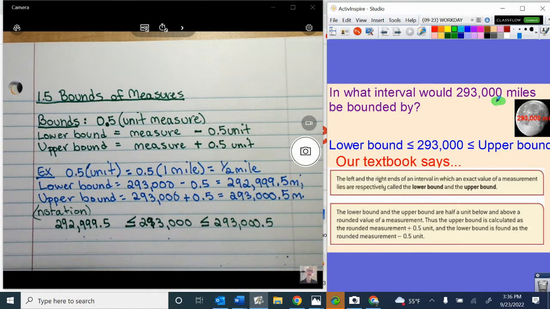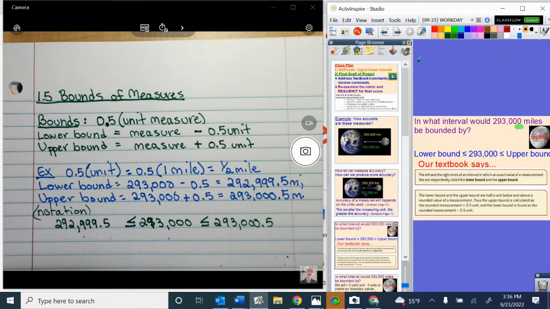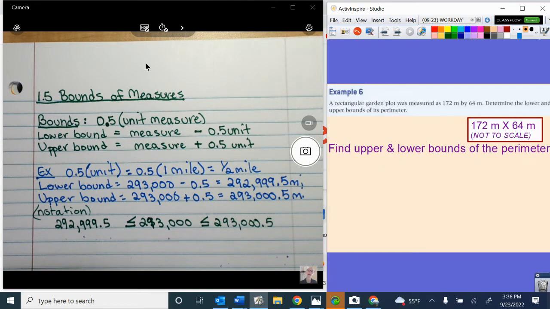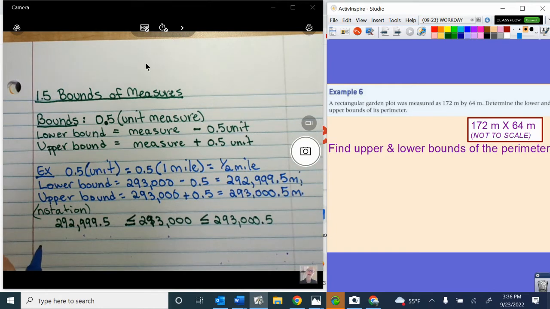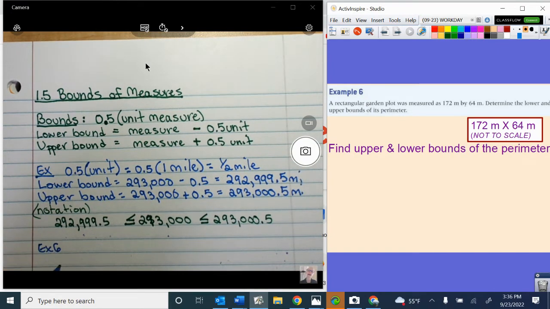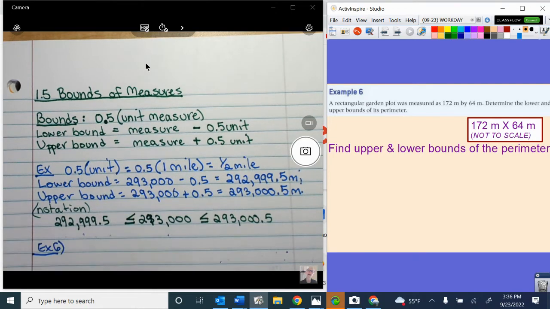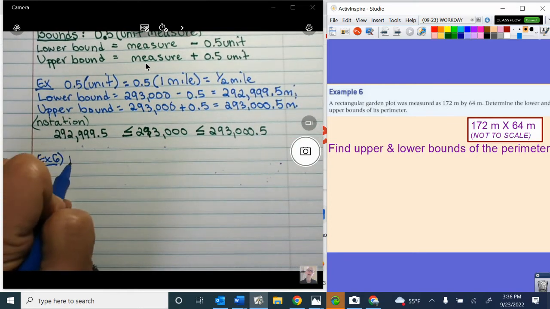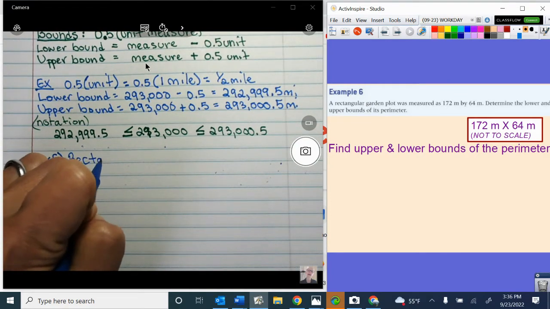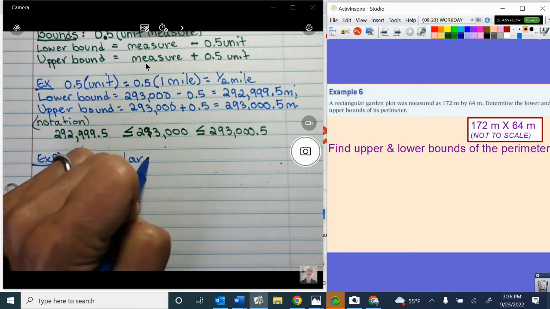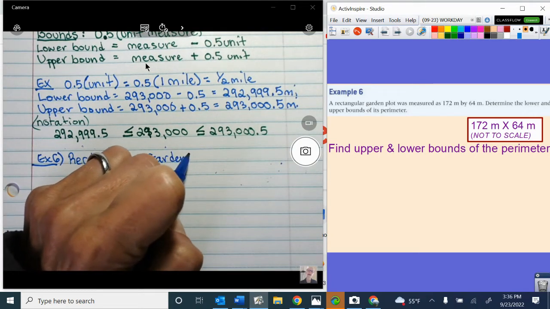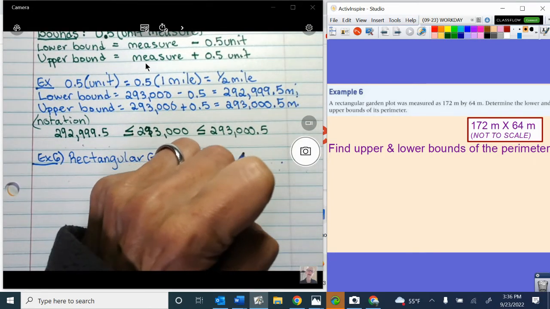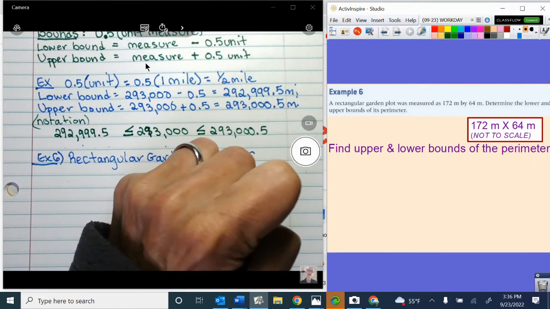But what if we had an example like this, where we had to find the perimeter of a rectangular garden? So I'm going to call this example 6 from our textbook. And so we have a rectangular garden. And the measurements are 172 meters by 64 meters.